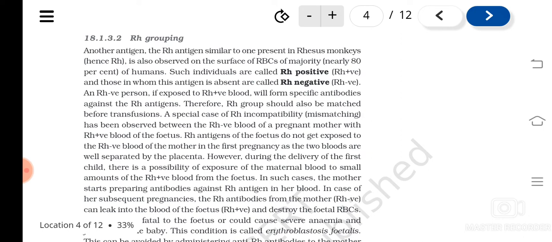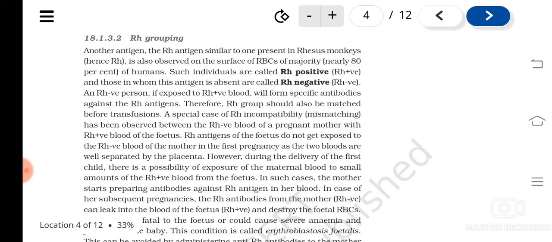It's another antigen present on the surface of RBC. If this antigen is there, that person is called Rh positive, and those who do not have this antigen are known as Rh negative.